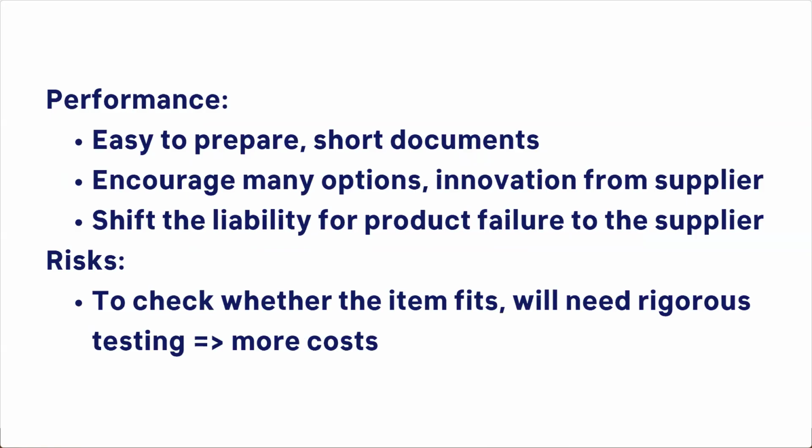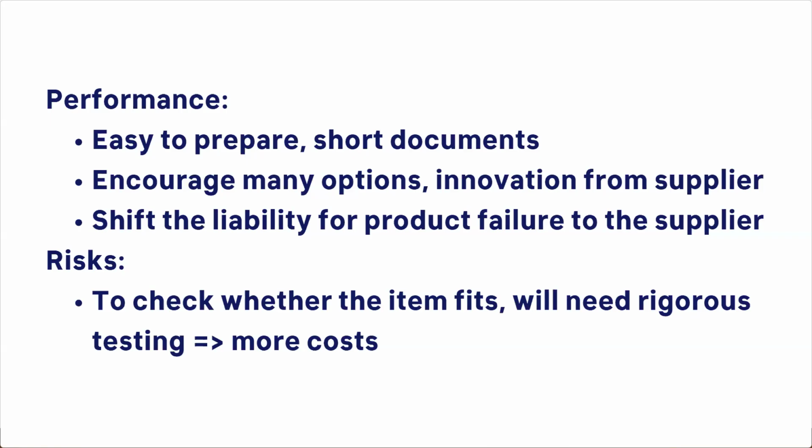Otherwise, the performance specification could be about outcome or output. They are easier to prepare, and we only need to list the outcomes or outputs, and the supplier has the freedom to generate their own ideas or solutions to our specification.